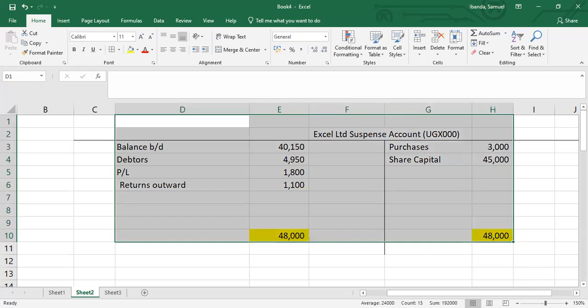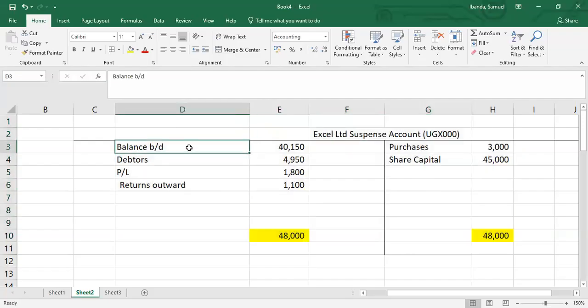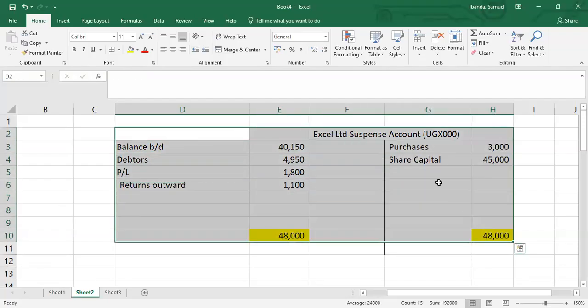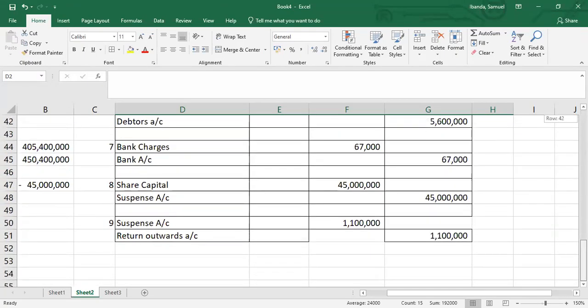You've been able to do away with your suspense account, because the ultimate end result of correction of errors is basically to do away with your suspense account, okay? So we've been able to reconcile and come to this position, okay?